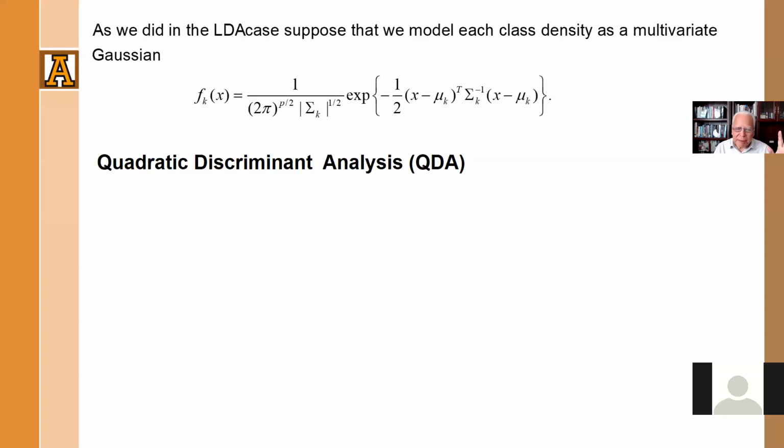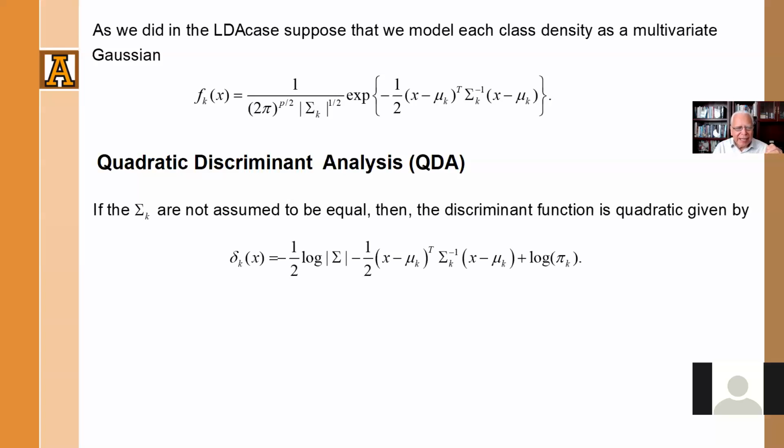Now, in quadratic discriminant analysis, if the sigma sub k's are not equal, then the discriminant function is going to be quadratic, given by this expression here.